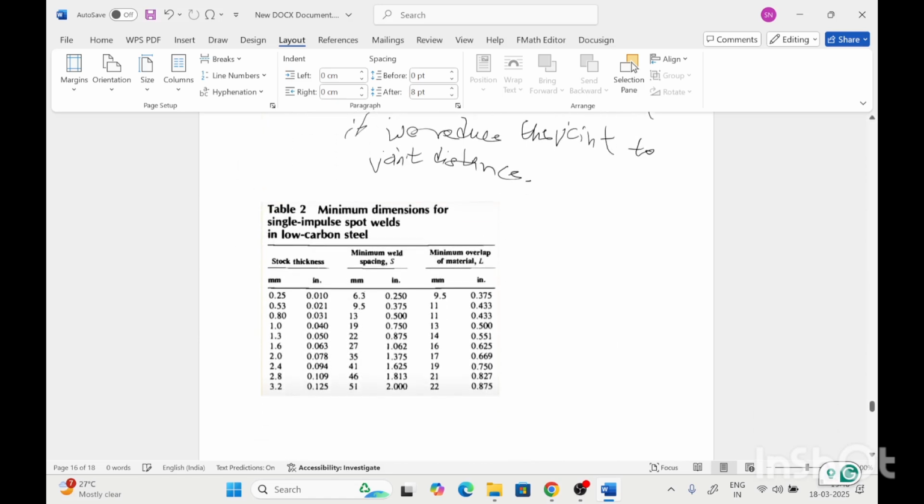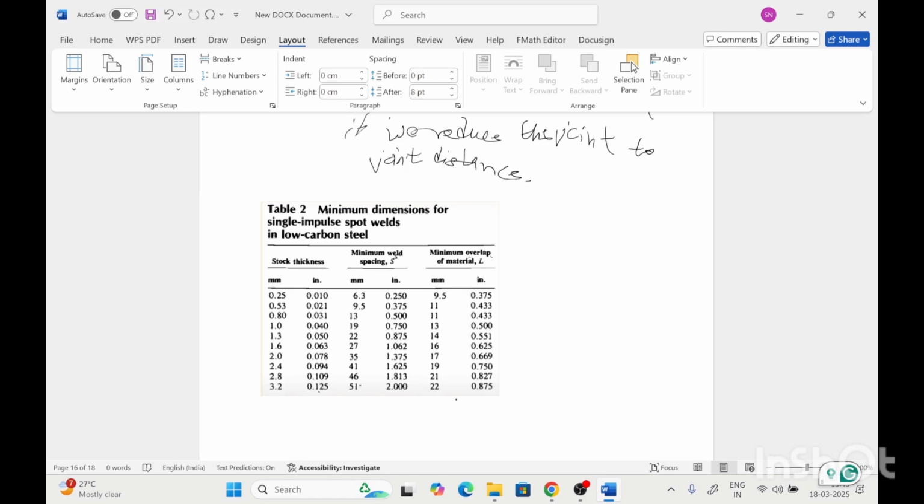So the minimum spacing and minimum overlap according to the material thickness is given for this low carbon steel. So with increasing the thickness of the plate, this minimum weld spacing is also increasing, and the minimum overlap material also increases.